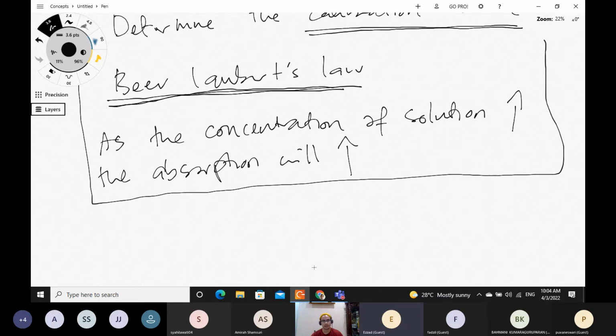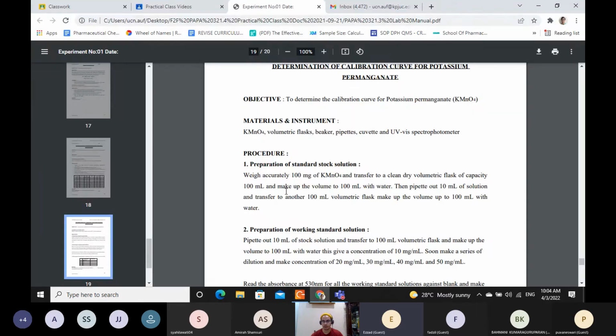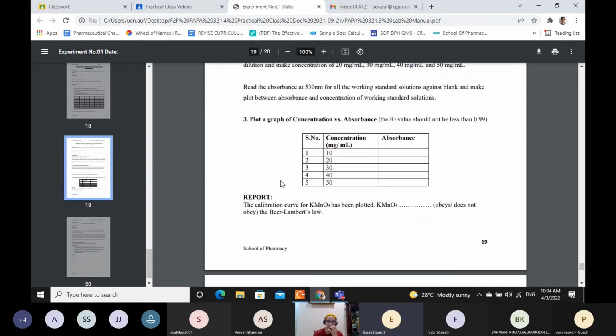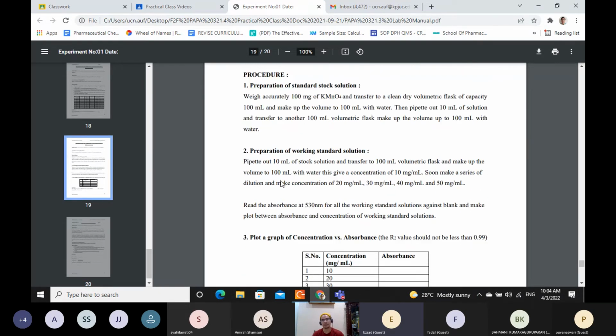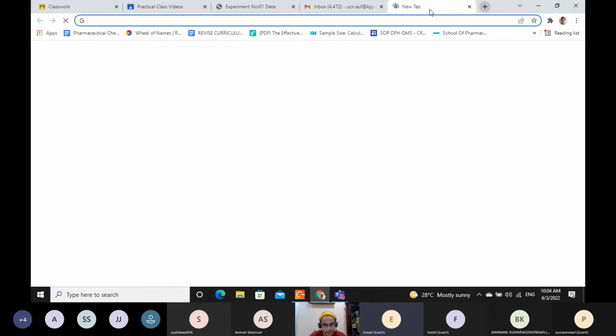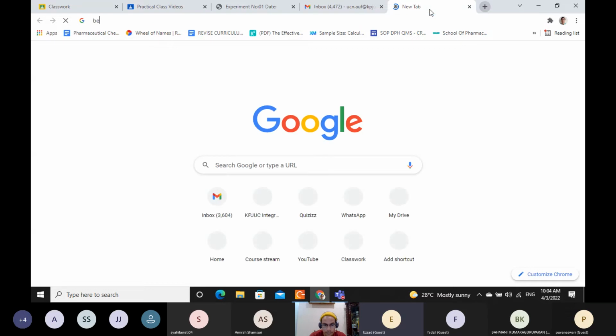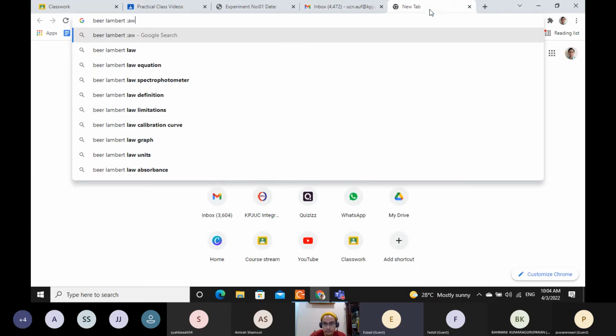There's an equation, if you look in your lab manual, there is one. Oh, it's not there. It's in the old lab manual. For Beer-Lambert's law, there's an equation. That's basically the algorithm.